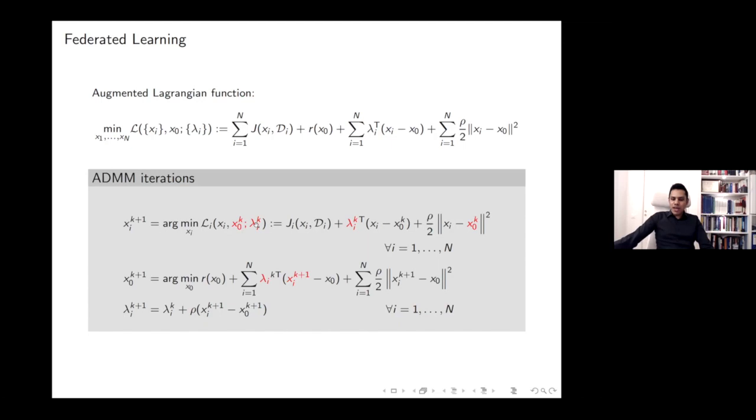So if we can exploit the parametric sensitivity with respect to these parameters, then we can say, once I have the optimal solution for a given value of x0 and lambda i, how will my solution change when these values change? So this is the idea of using the parametric sensitivities.